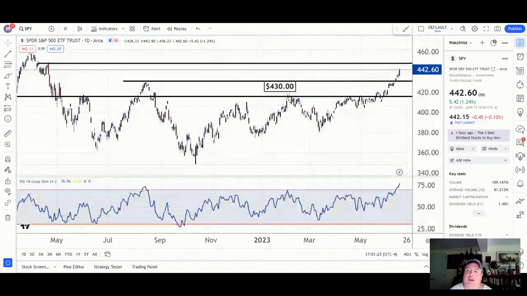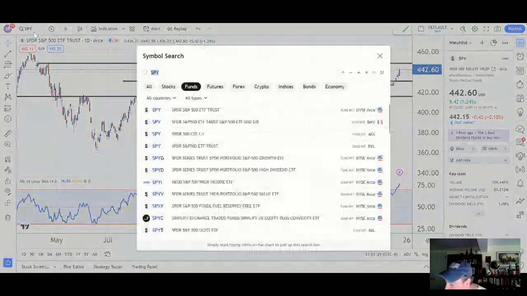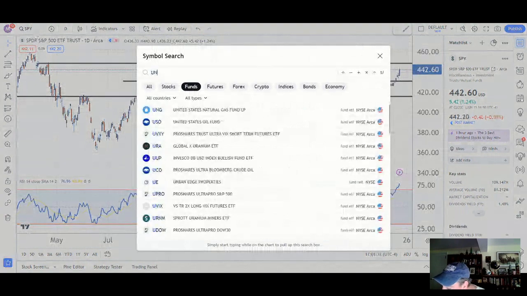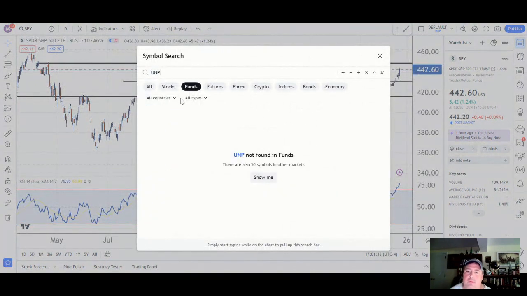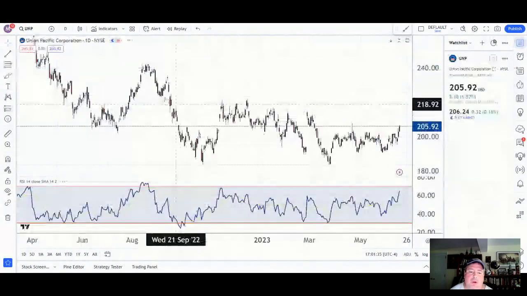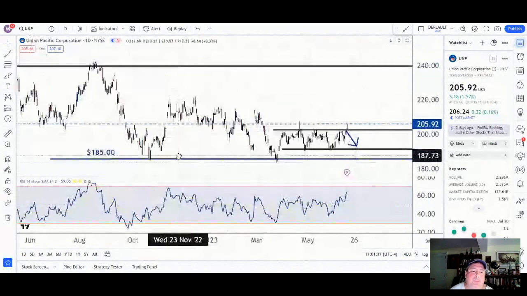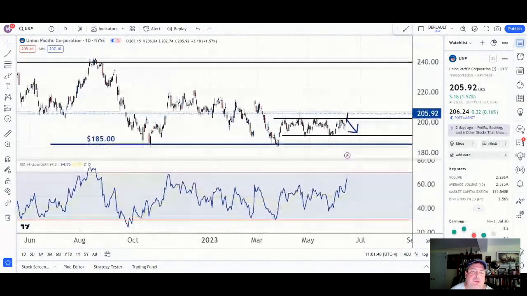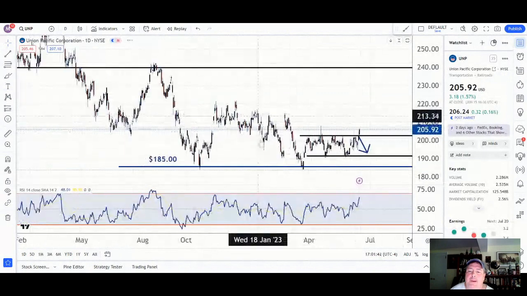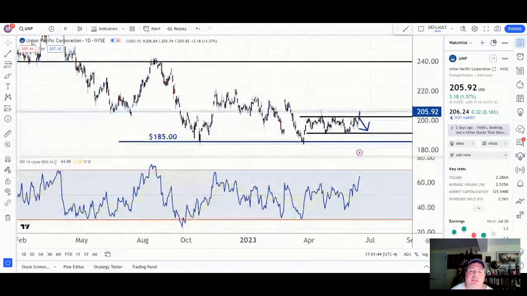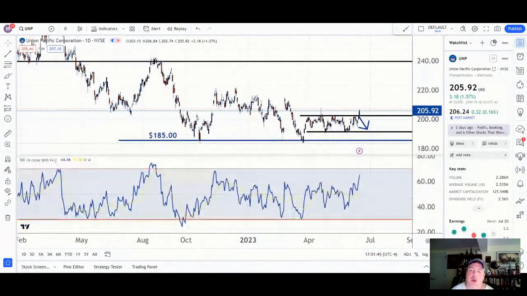So a couple things here, and let me just bring up Union Pacific just for the heck of it. Union Pacific Railroad Corporation. Now, what I want you to understand is a couple things here. One is that there are tools and there are rules. Okay, tools and rules.